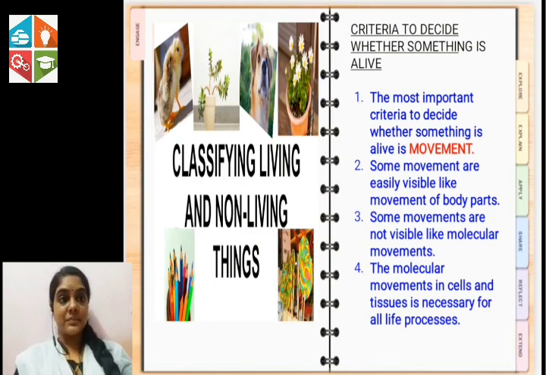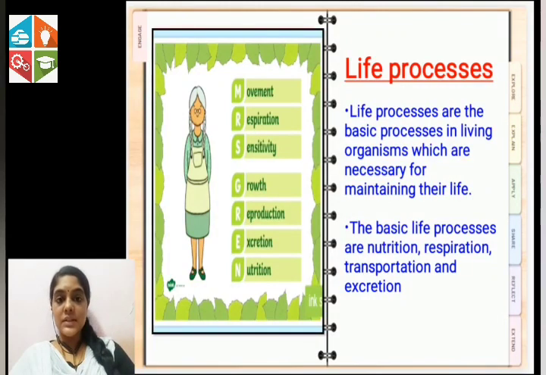Life processes are the basic processes in living beings which are necessary for maintaining life. For a person to live, there are some processes going on inside the person. Suppose the heart stops beating, of course the person will die, so it is very essential.